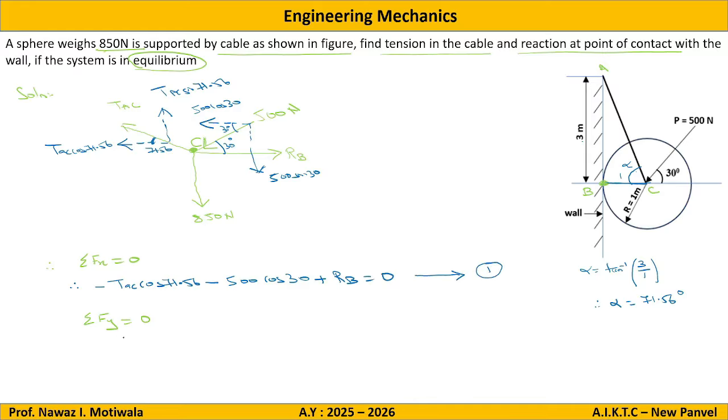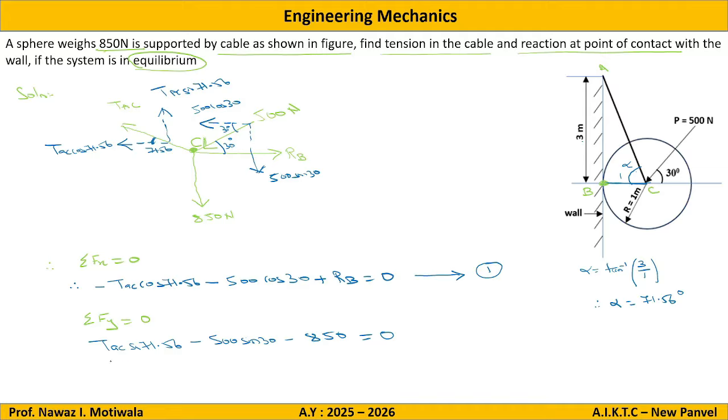Now regarding Fy, adding all the forces in y direction. For y we have TAC sin 71.56 going upwards, positive. Then we have minus 500 sin 30. Then we have minus 850. So we have added all the forces in y direction and this should be equal to 0.